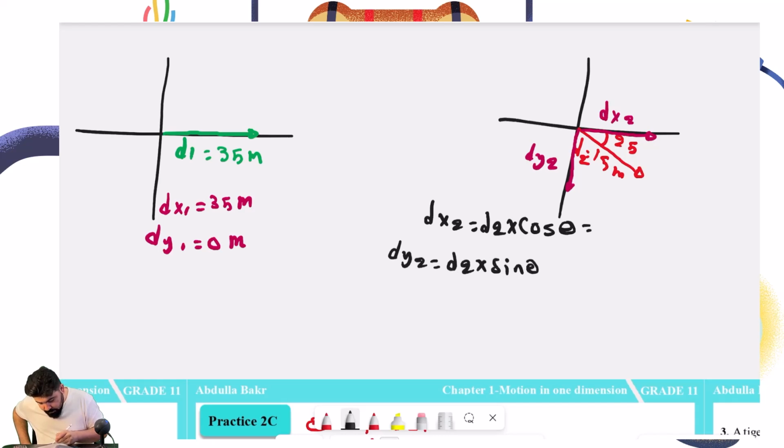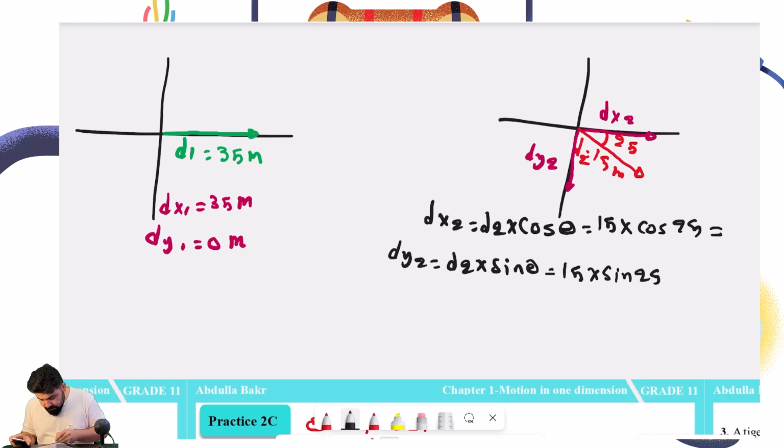This is equal to 15 times cosine of 25, and this is equal to 15 times sine 25.